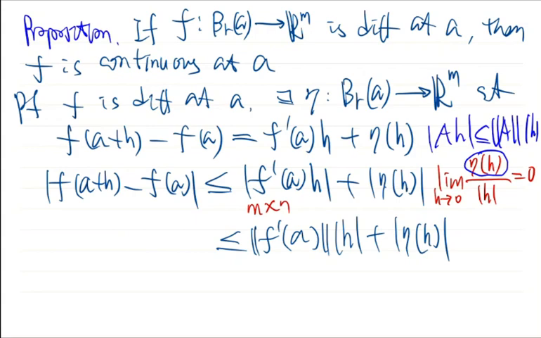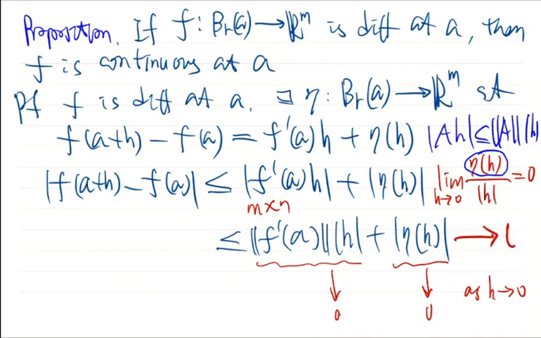So this term goes to 0 as h goes to 0, and the first term also goes to 0, because the norm of the matrix f prime(a) is unchanged, but here we have as a factor the norm of h. So the right hand side goes to 0 as h goes to 0.